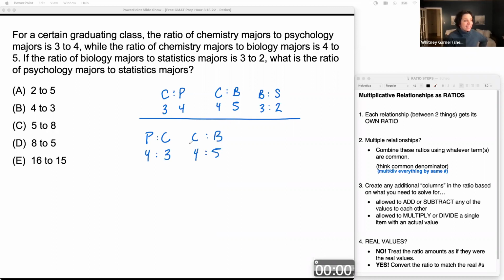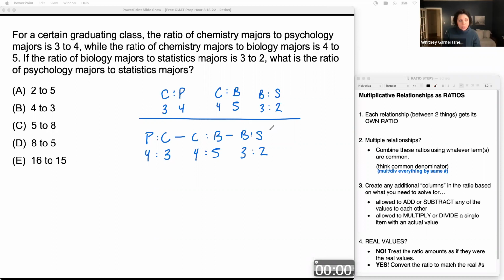So now I have my chems next to each other. Then I'm going to keep bio to stat 3 to 2. So my bios are next to each other. And then I actually end up getting the ratio I want as psych all the way to the left, stat all the way to the right. I'm making the connection that I want. That part I'm less concerned about. More what I like is to visually get the things that I'm trying to match next to each other.